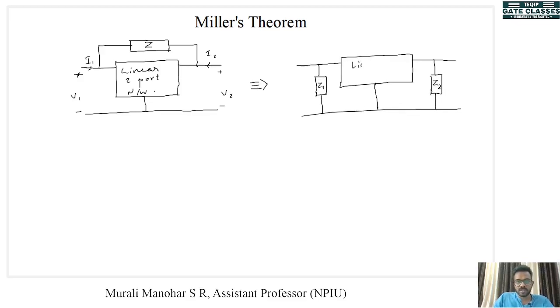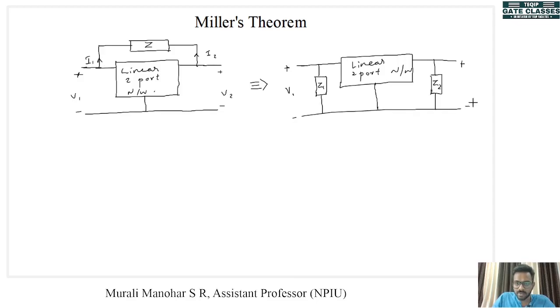This is again our linear two-port network. Actually, I1 is not this and I2 is not this. This is I1 and this is I2. Now here we have plus or minus V1.